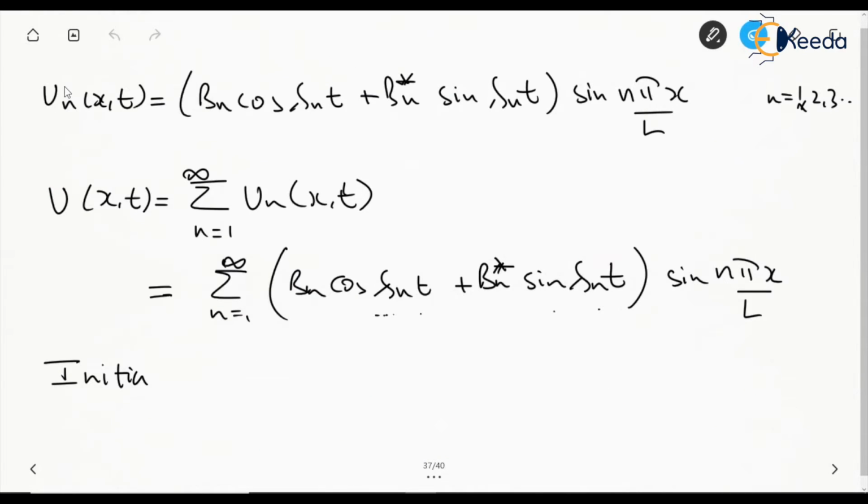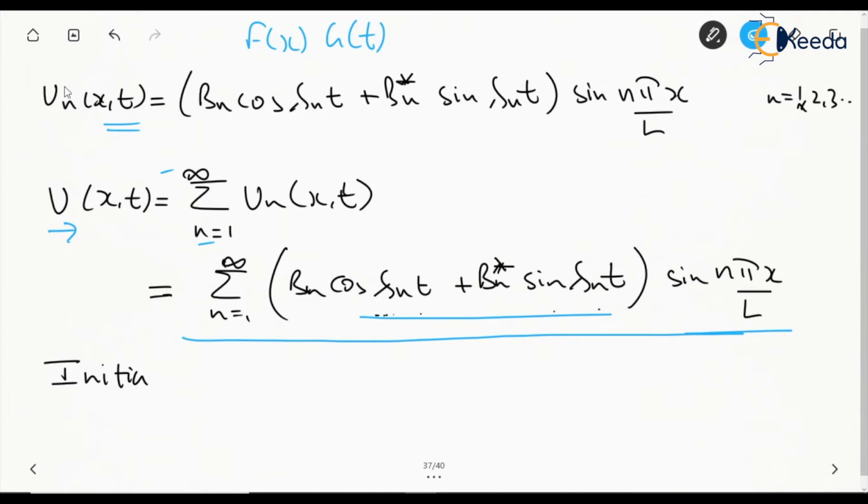So the overall function becomes the sum of u_n(x,t) from n equal to 1 to infinity. Like we have already seen, this is your G_n and this is your F_n. Why? Because a is 0 and p is going to be n pi by L. So this is the standard form we will be using because of the boundary conditions provided, right? Of course you'll have to remember this.